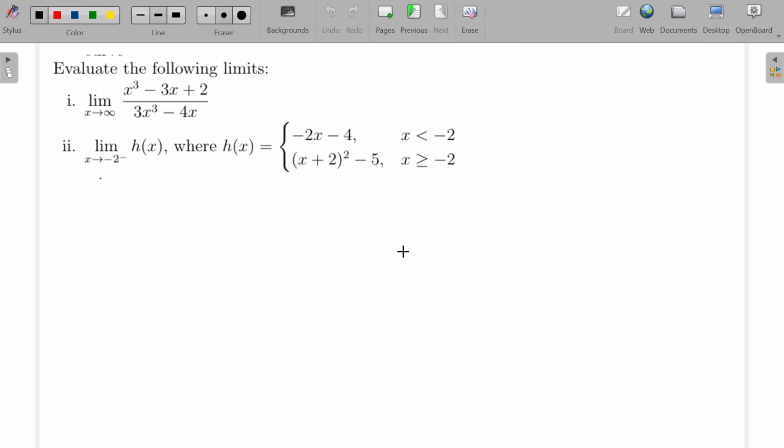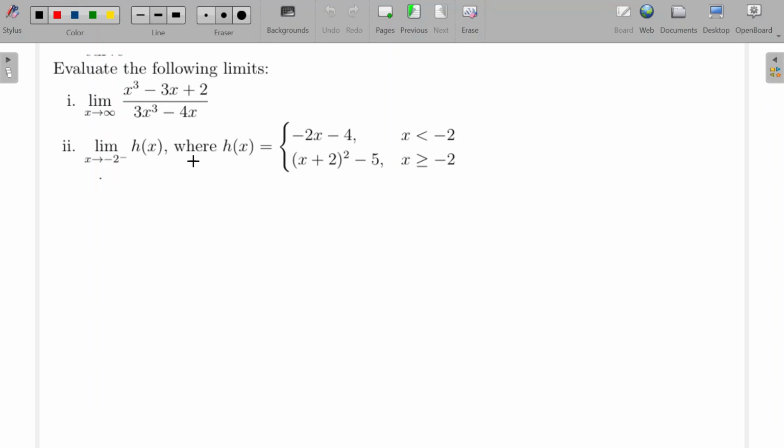Okay, so let's come here. When we have this, then they are saying that what is the limit when x approaches infinity.